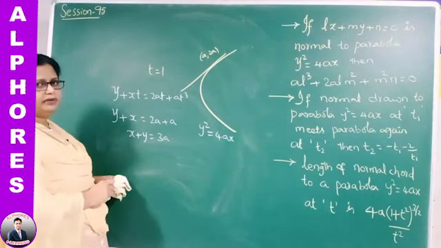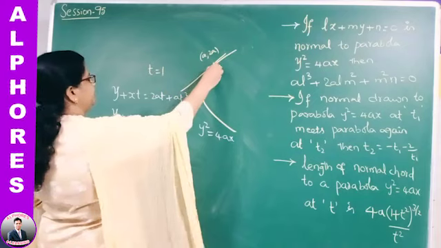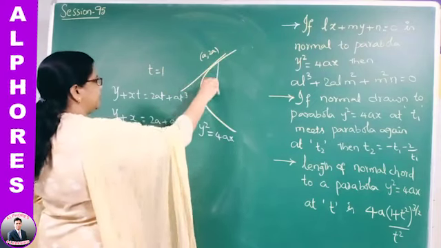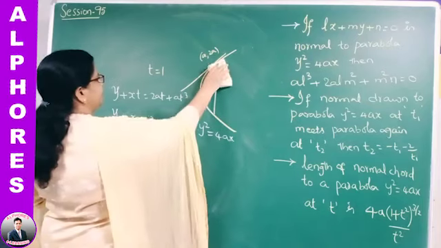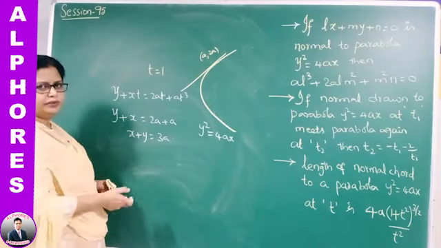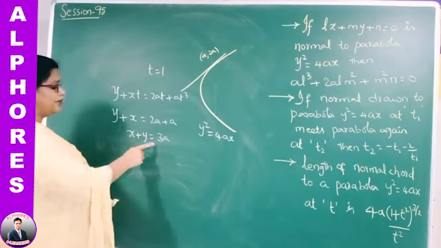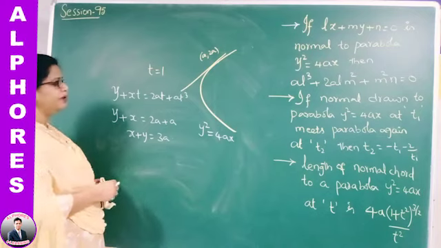Then immediately we may get one doubt. What is the doubt actually? Whatever normal you are taking, is it completely the latus rectum or is it any other line? Suppose you got that one, you observe clearly it is not at all passing through the focus, a comma 0. If I substitute here, this line is not passing through focus.